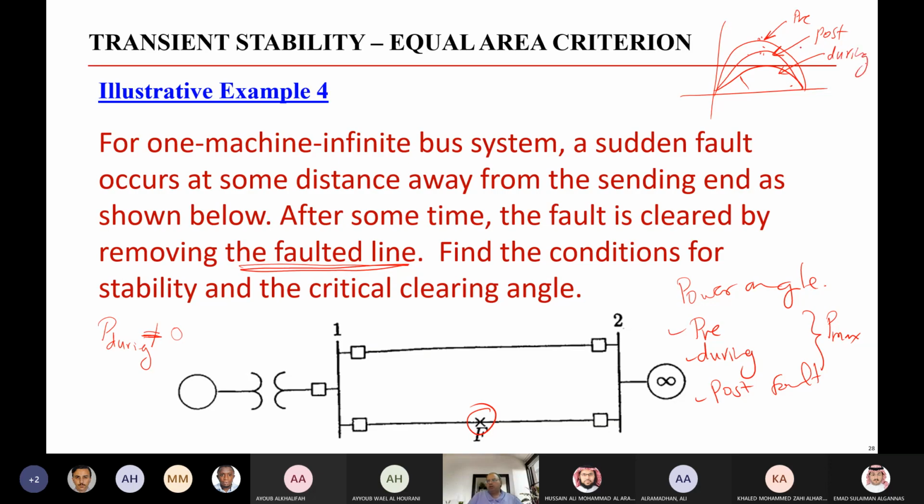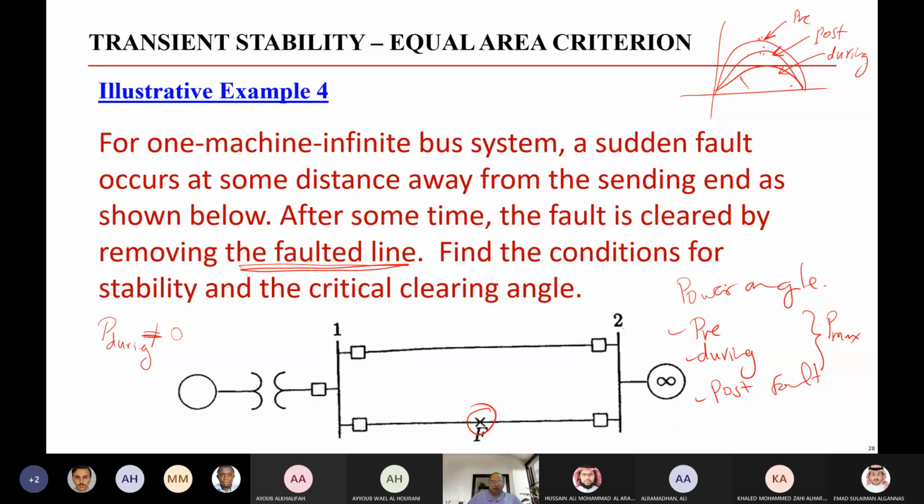Do you think the post-fault will always be less than the pre-fault, or might it go up above the pre-fault? Ayub, Khalifa? Always it will be less than pre-fault, except if we do some modification in the line.